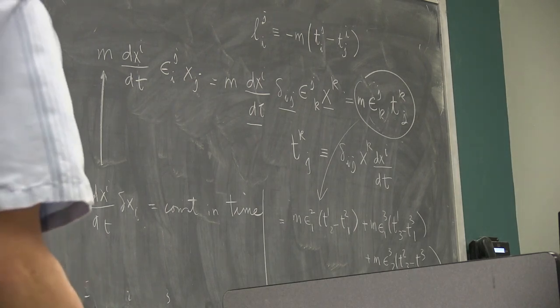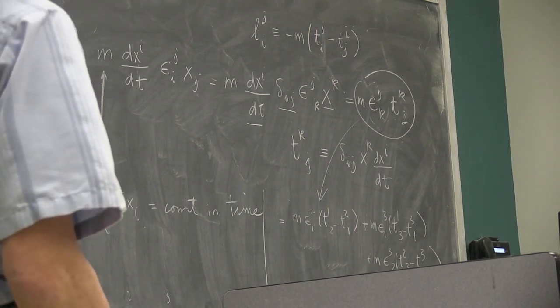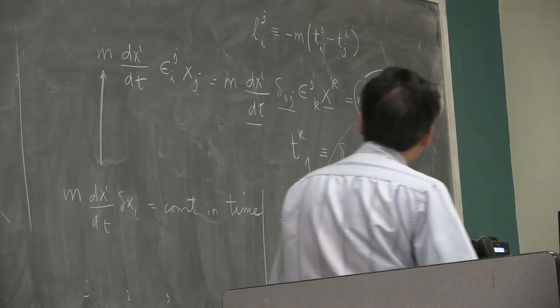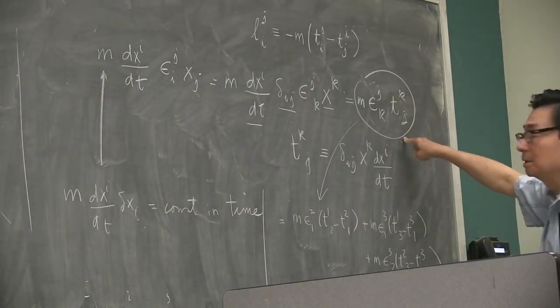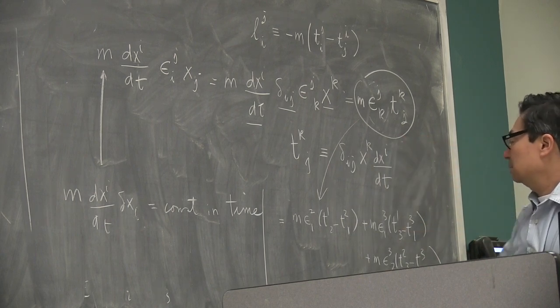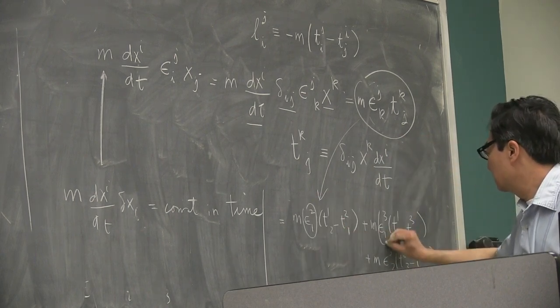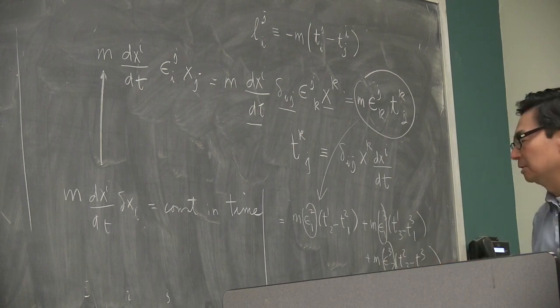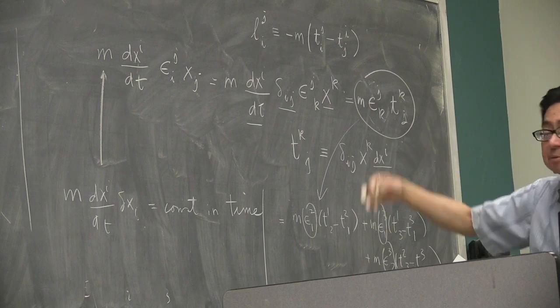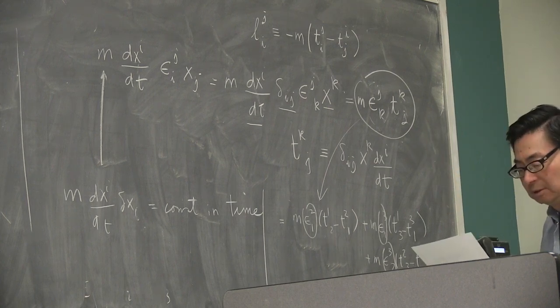Well, the thing is, we said that this whole thing would have to be a conserved quantity, okay? Now, the thing is that these guys are arbitrary numbers because there are 3 independent numbers in that infinitesimal rotational matrix.